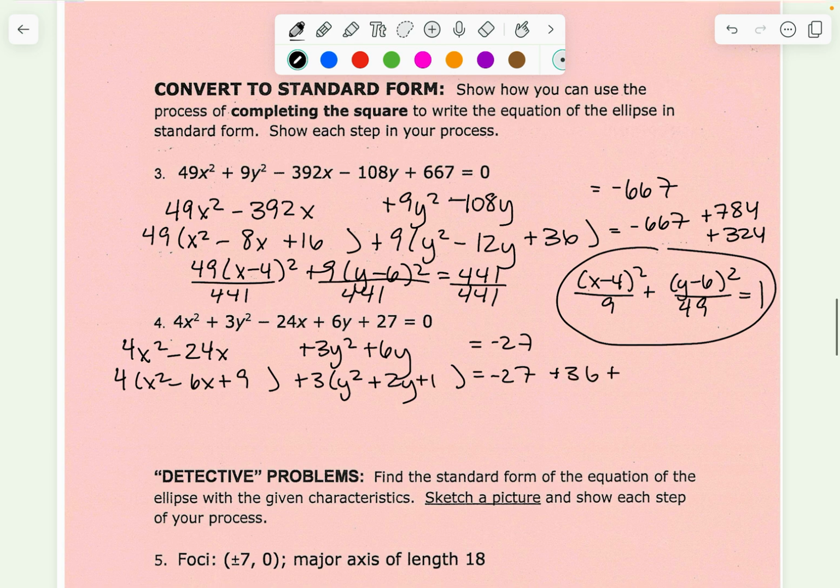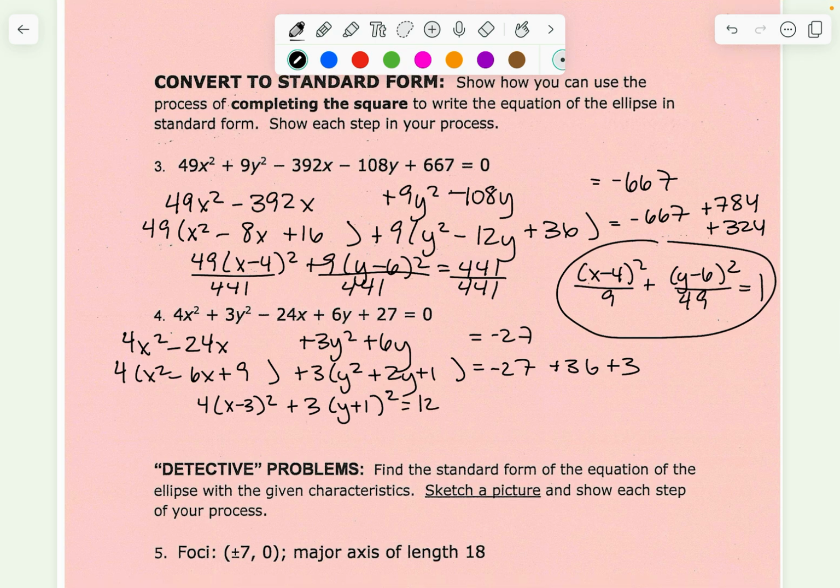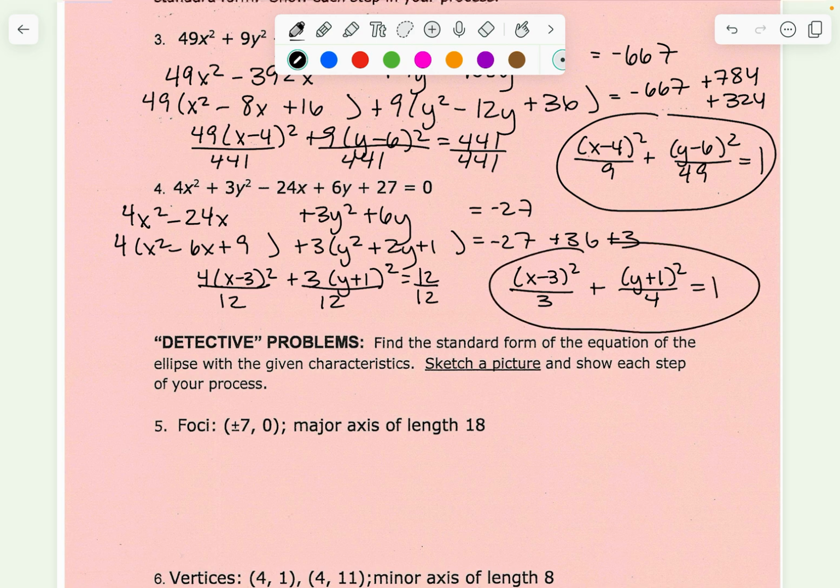Add 1, add 3. That is 12. Lovely. So those are going to reduce nicely. x minus 3 squared over 3 plus y plus 1 squared over 4 equals 1.